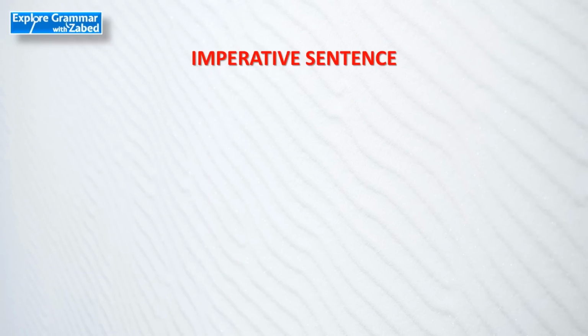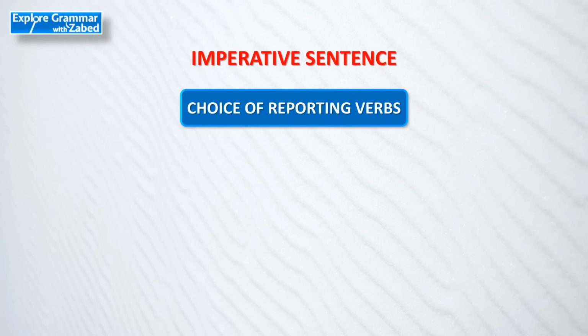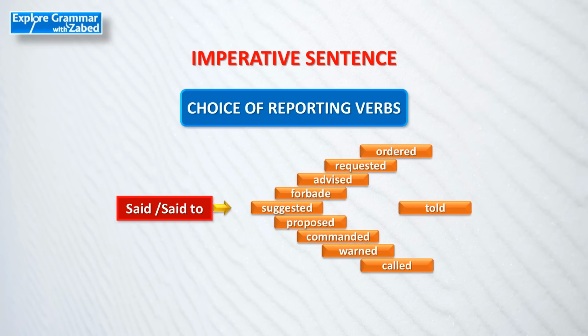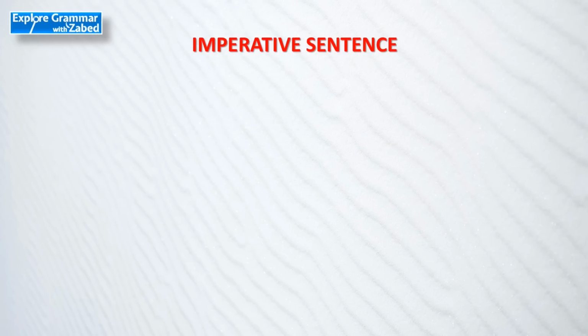If the reported speech is given in imperative sentence, instead of reporting verb said or said to, we generally use the reporting verb ordered, requested, advised, forbade, suggested, proposed, warned, called, told, etc. as per the meaning and sense of the sentence.